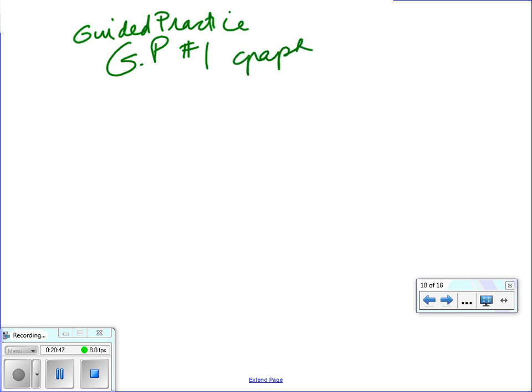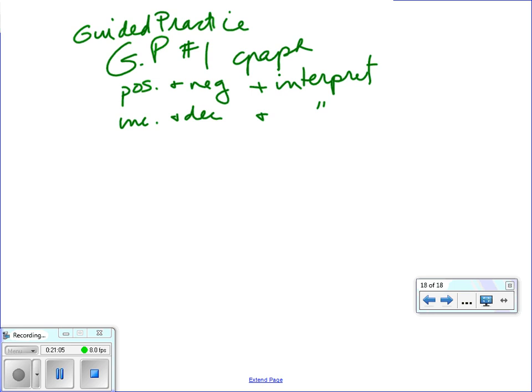For that graph, you're going to find positive and negative and interpret. You're going to find increasing and decreasing and interpret. You're going to find the relative extrema.